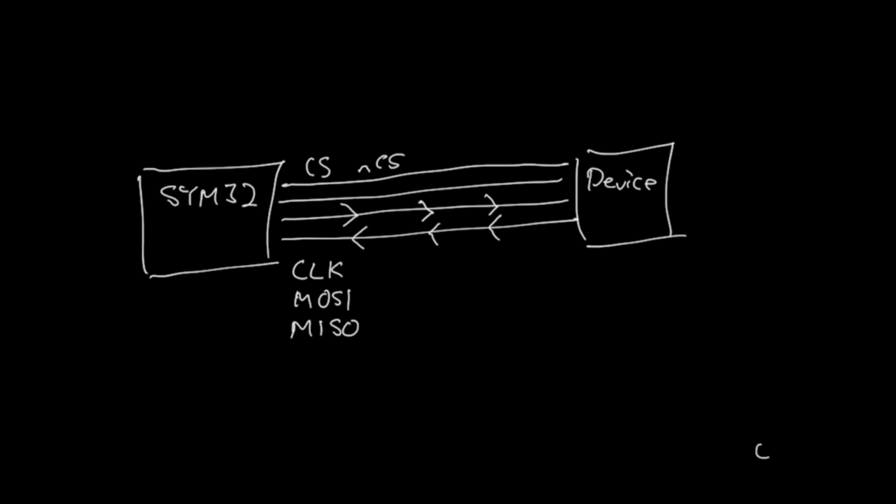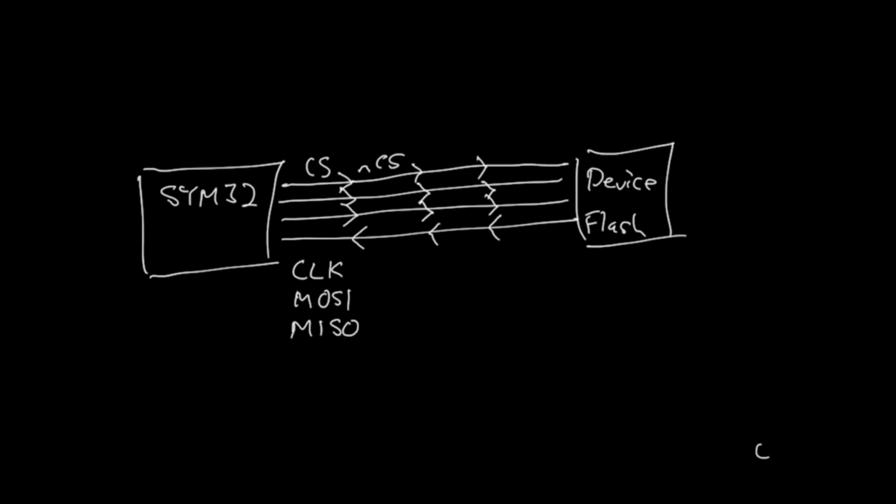Our clock signal will also go from the master device to the slave device, as will our chip select signal. So as we can see there, 3 of those signals are going from the master, in this case the STM32, over to our device. In the case of what we're using for the example, that'll be our flash memory. So we just pop flash in there so that we know what we're talking about.